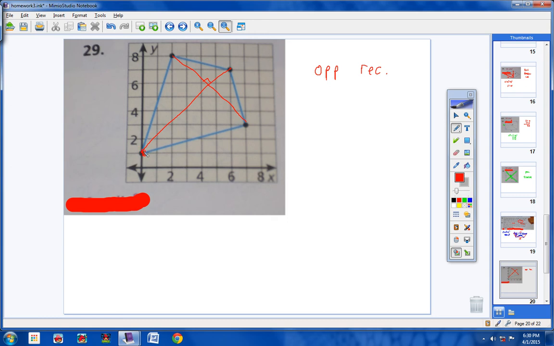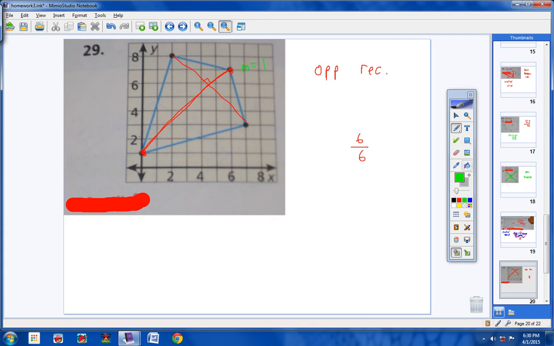My rise from here to here would be 1, 2, 3, 4, 5, 6. So my rise is 6, and my run would be 1, 2, 3, 4, 5, 6. So it goes up from left to right, 6 over 6. So this line here has a slope of positive 1.